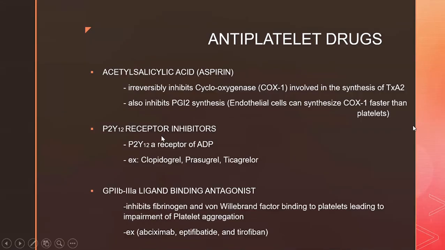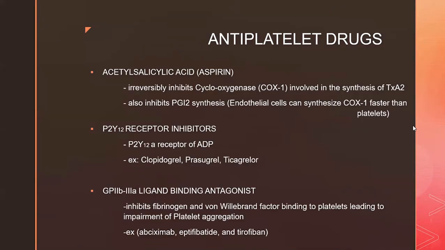Then your P2Y12 receptor inhibitors, clopidogrel, prasugrel, ticagrelor. It inhibits, ano tawag niyan? This one is a receptor for your ADP that promotes aggregation and release reaction. So pag i-inhibit mo tong receptor, i-block niya yung pag-bind ng ADP. So wala nang release reaction and aggregation.